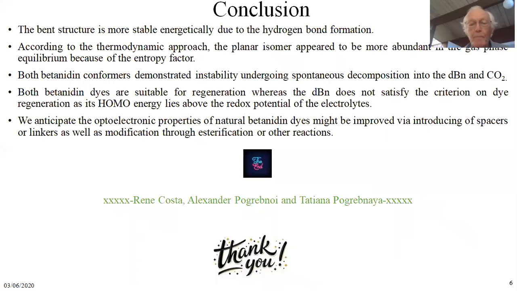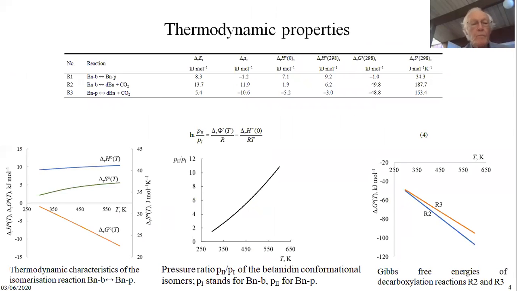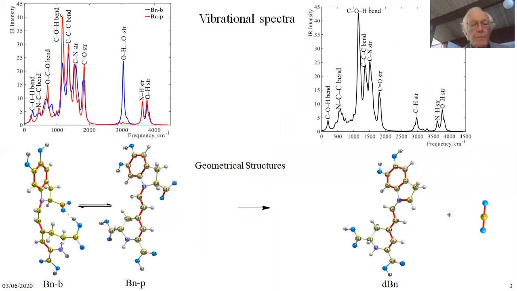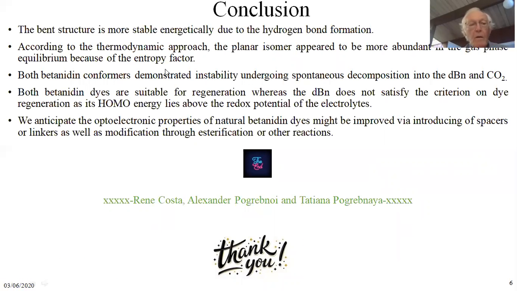Yes, the conclusion is that the bent structure, as we can see from this structure, has hydrogen bonding, but the planar lacks the hydrogen bonding here. But both of them show the decarboxylation reaction. So in my conclusion, the bent structure is more stable energetically due to these hydrogen bond formations.